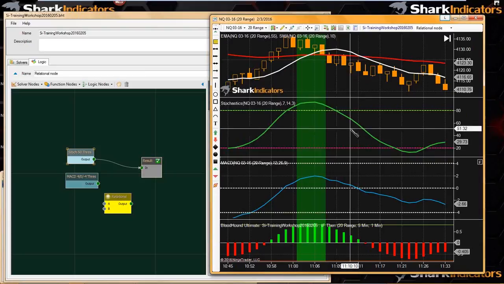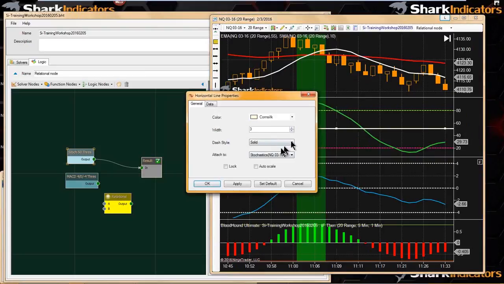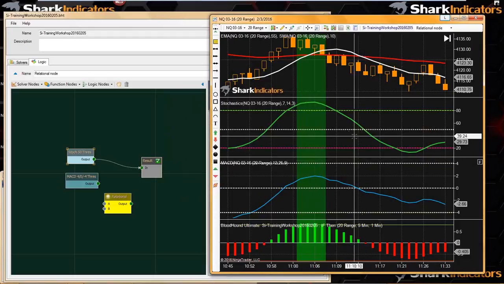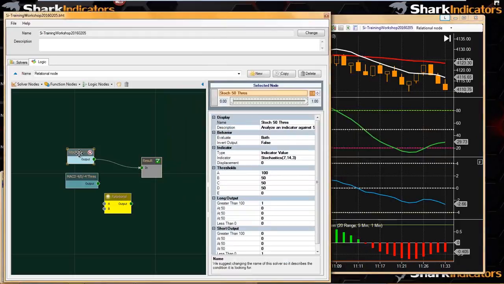And let me put one more line on here. I'm going to put this on the 50 line. So this threshold solver, I designed it in a fuzzy logic fashion.